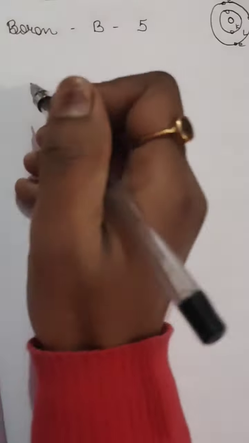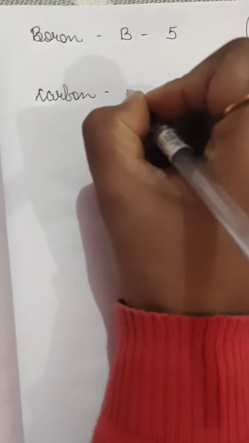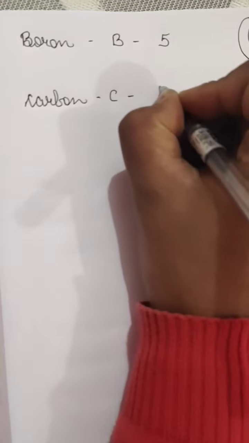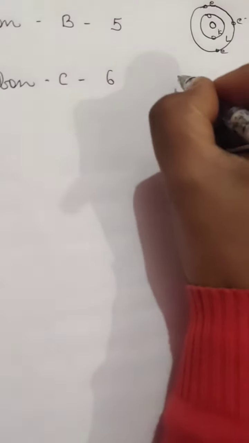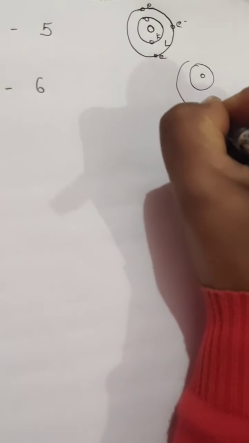Next we take the example of carbon. Carbon, symbol C, atomic number 6. That means 6 electrons and 6 protons. Here is the nucleus, the first shell and the second shell.